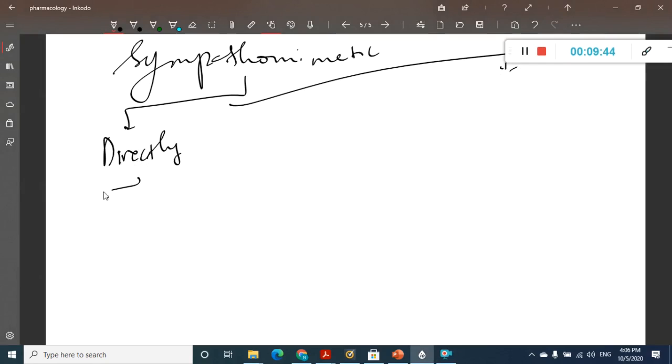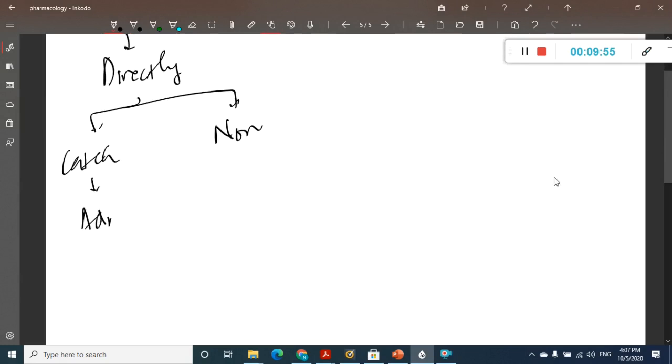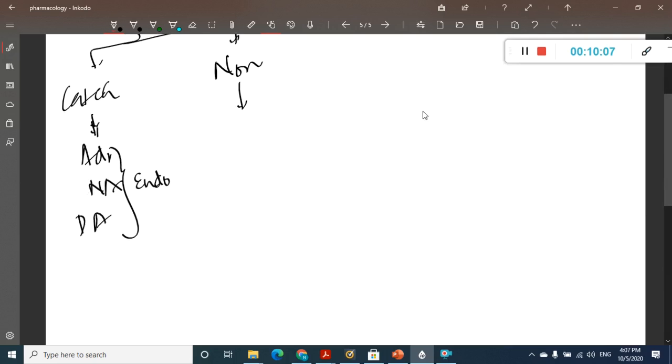In the directly acting, we have two more types: catecholamines and non-catecholamines. In the catecholamines, we have adrenaline, noradrenaline, and dopamine. These are the ones which are secreted in our body, so they are endogenous catecholamines.